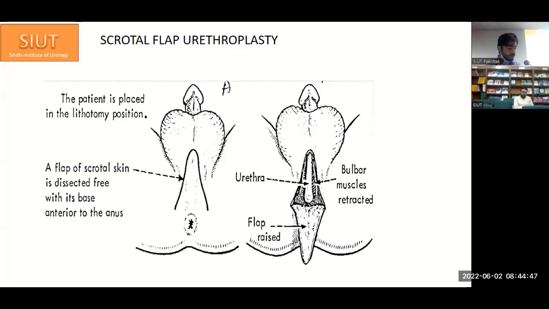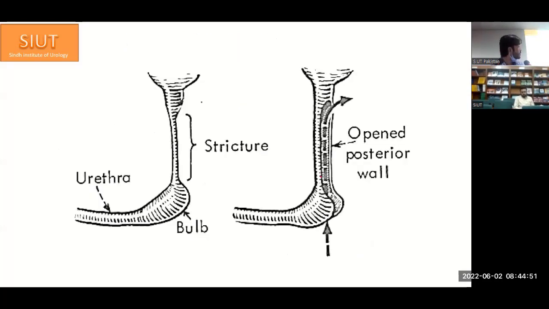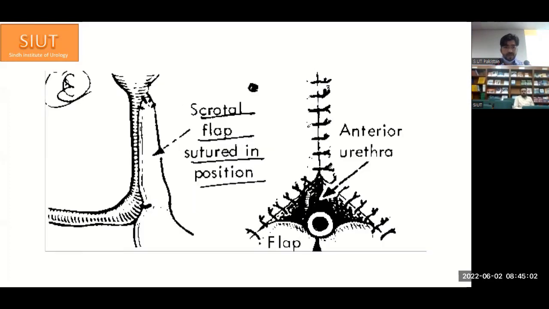Flap is raised. This is the stricture, urethra, and this is the bulbar junction. Open the posterior wall. So, the scrotal flap is sutured in position, anterior urethra, and this is the flap.